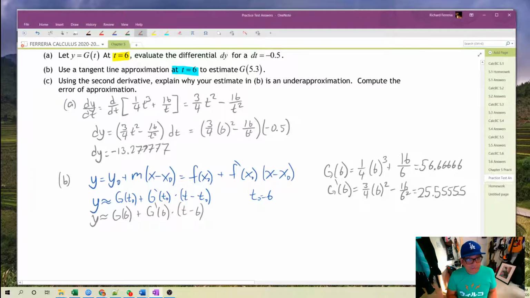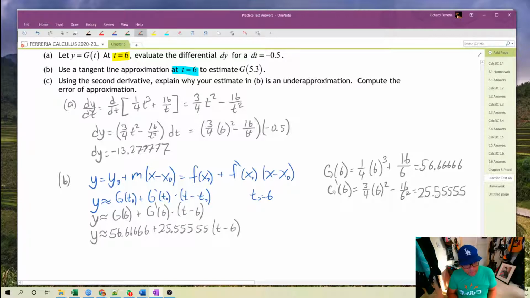Well, with those two values, we can now substitute things into our equation for the tangent line. So we have a tangent line, and y is approximately equal to 56.666 plus 25.55555 times (t minus 6). Great. And if that's our tangent line equation, now we can estimate g of 5.3.